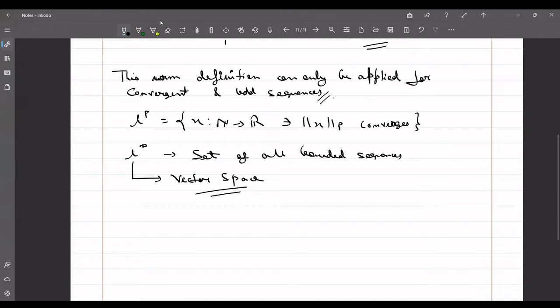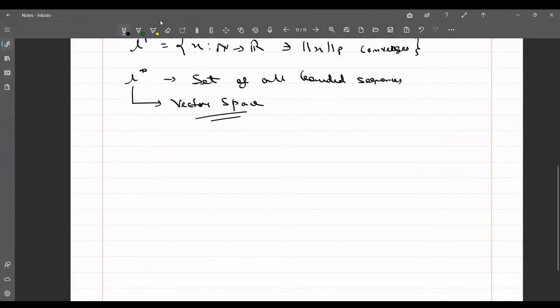Also, by the definition of convergent sequences, we can obviously say that for all p, be it 1 less than or equal to p less than infinity or p being infinity, LP is a vector space.